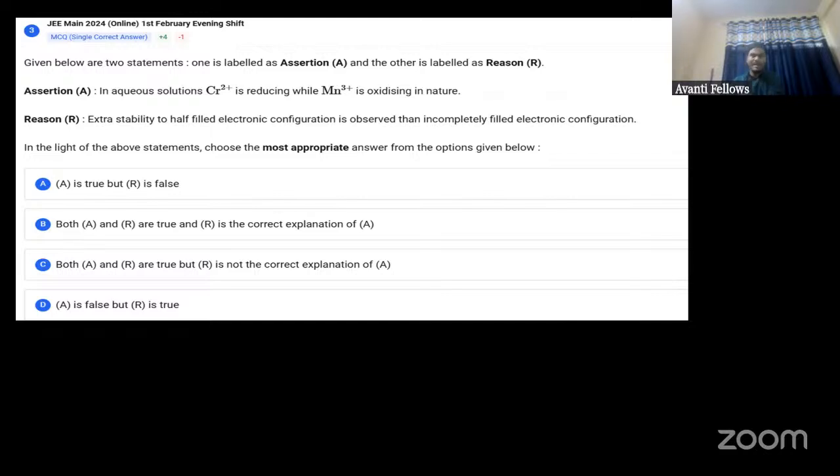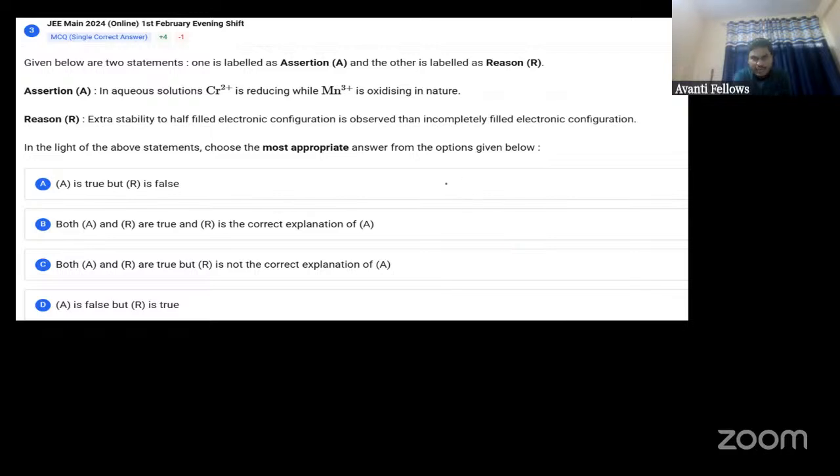Tell me. In aqueous solution, Cr+2 is reducing while Mn+3 is oxidizing in nature. Is this correct? Okay, I am checking now.